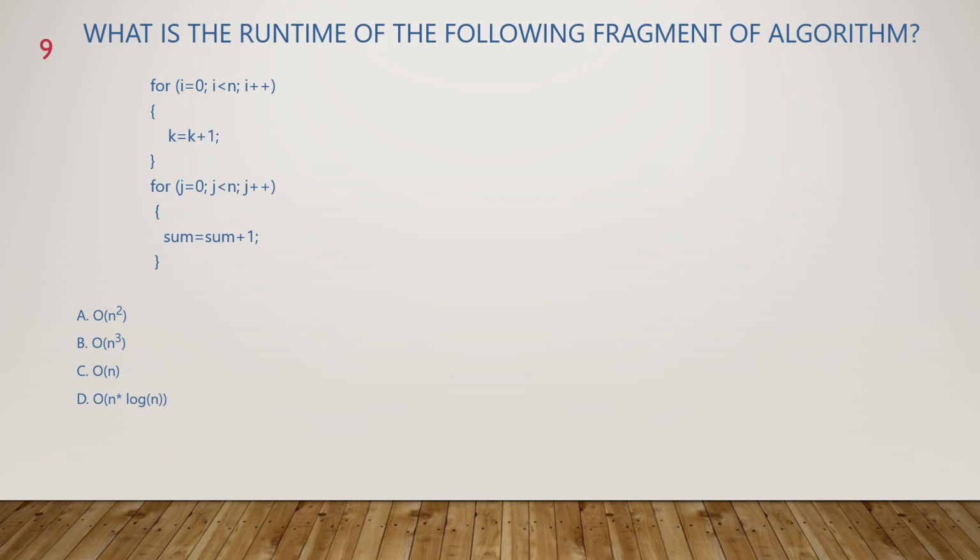The other for loop, for j is equal to 0, j is less than n, j plus plus, within the braces sum is equal to sum plus 1. The options: A, big O of n squared, B, big O of n cubed, C, big O of n, D, big O of n log n.